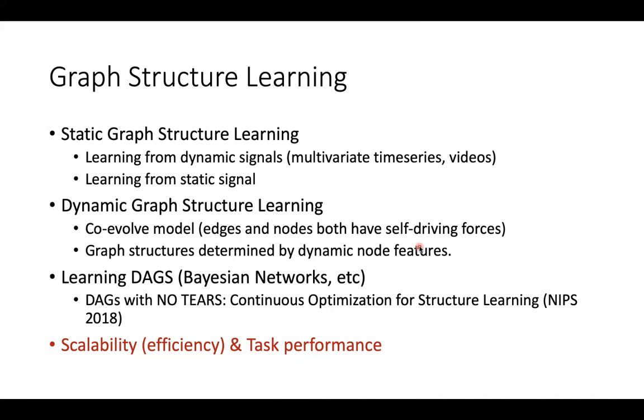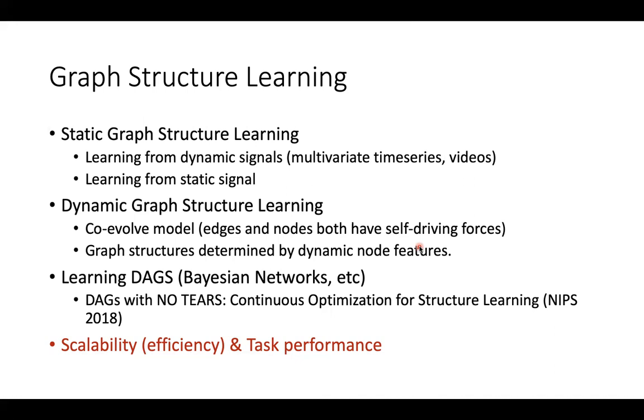Because learning DAGs is essentially a combinatorial optimization problem, they transform it into a continuous optimization problem and propose a really efficient way to solve it. If you look at their code, they can solve it very, very fast.